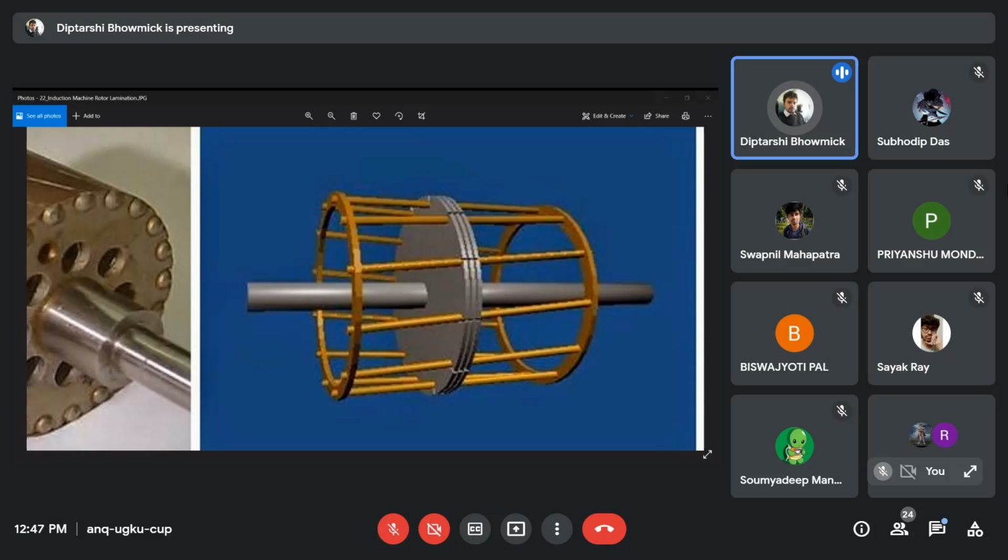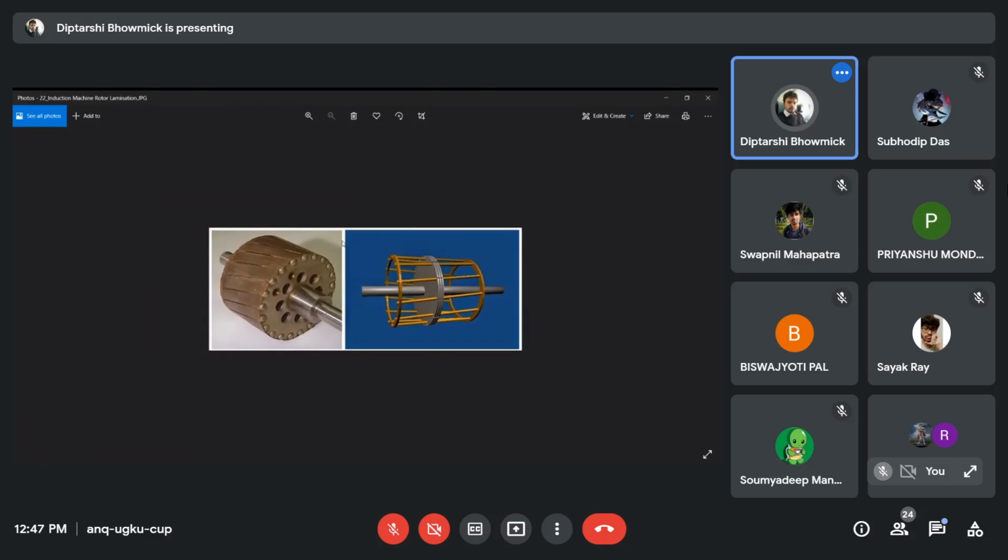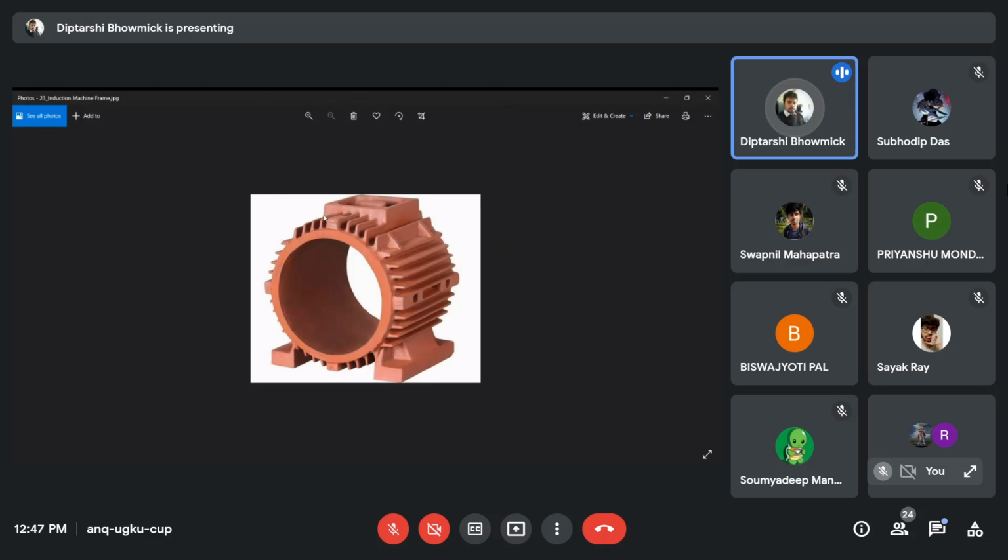The stator housing. Stator housing is basically nothing but the yoke or the frame. So the material of the frame is cast iron, and the frame is basically this. This is the frame of a three-phase induction motor. It is made of cast iron, and it is actually molded. That means it is not like some parts are welded to each other.